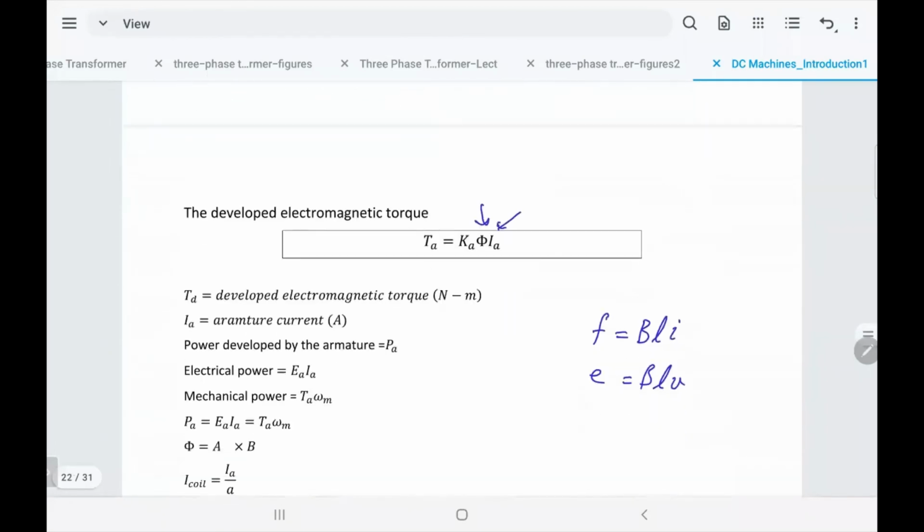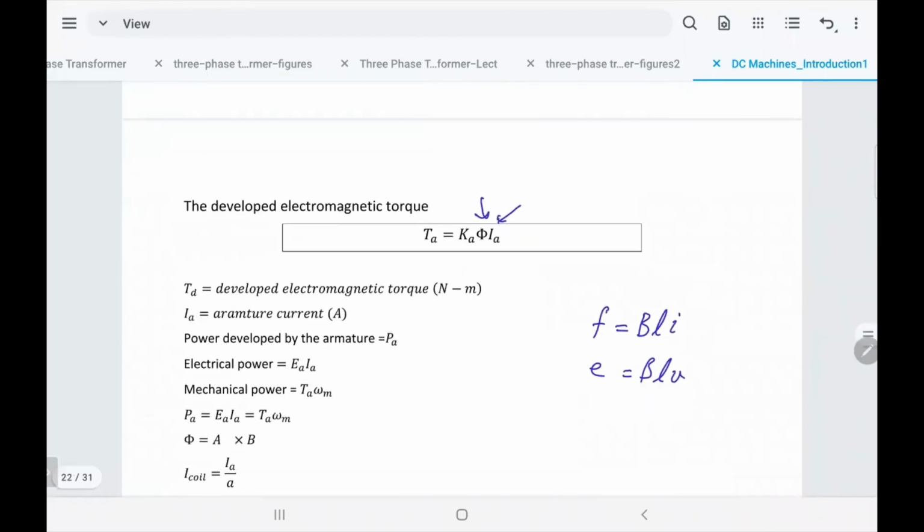About the force, I told you the force is equal to BLI. B is the magnetic field, you have the flux, you have the I, and L is the dimension. It's inside Ka. Then you will ask, you just mentioned Ka for the voltage; are both the same constant? Yes, under one condition, that you are using omega.